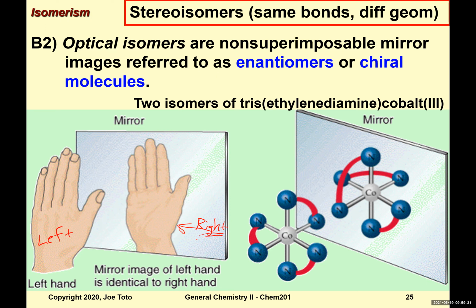So one way to see if you're dealing with an optical isomer is to do this test and see if that image that's generated in the mirror is non-superimposable, which means that it's different. Because if it's superimposable, that means all the atoms outside the mirror and in the mirror line up with each other, then it's the same molecule.